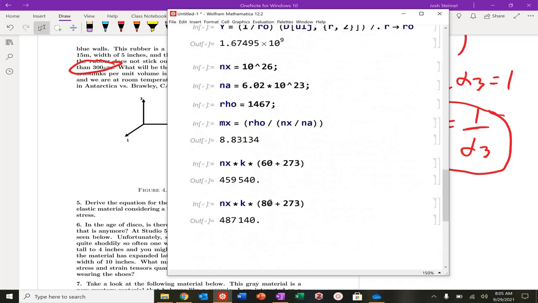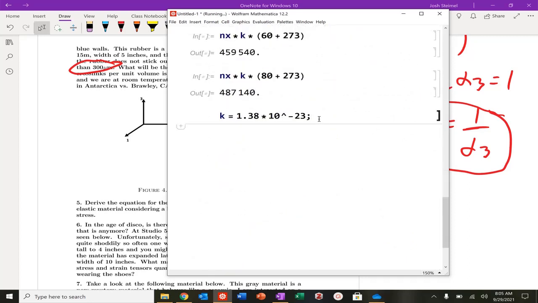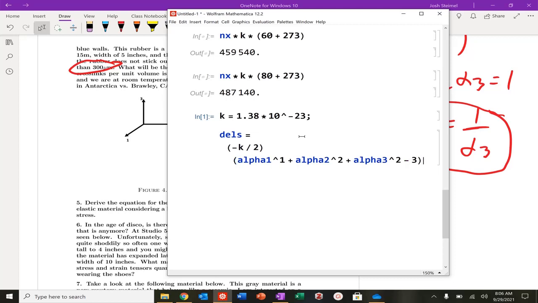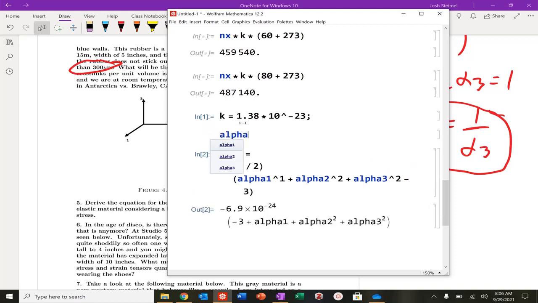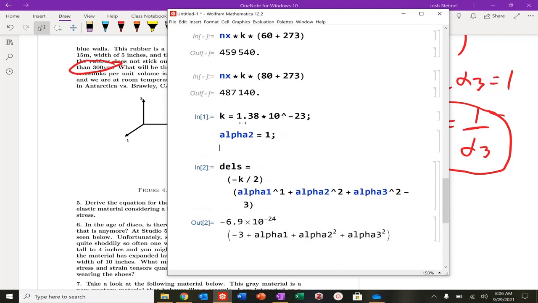So I want to put the k here, and then do my del S, which is basically minus k over 2 times alpha 1 squared plus alpha 2 squared plus alpha 3 squared minus 3. And then we know that alpha 2 is equal to 1, and that alpha 1 equals 1 divided by alpha 3.